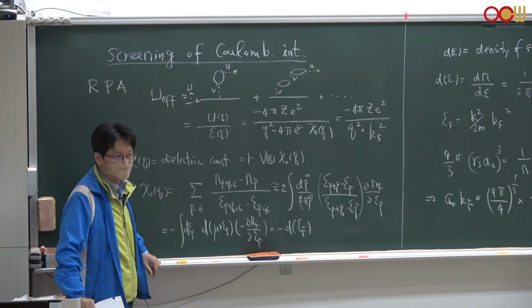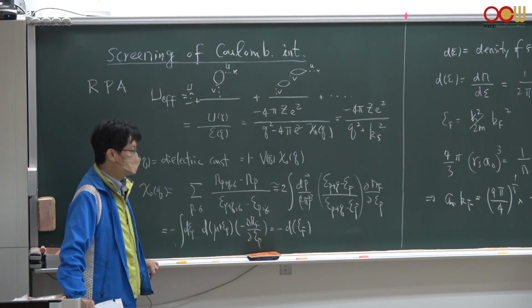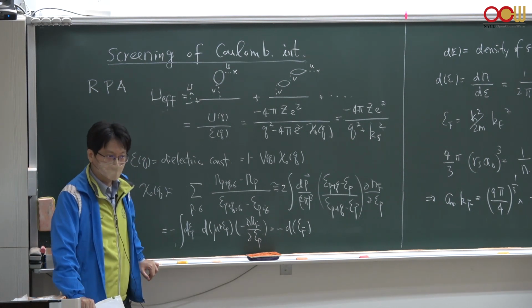But as we pointed out already, these Coulomb potentials U and V are mutually influenced.